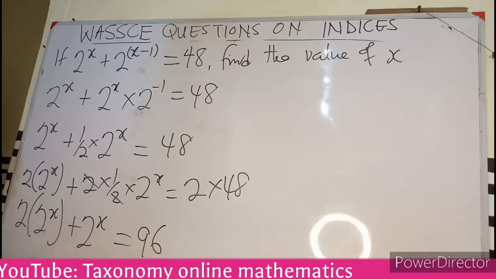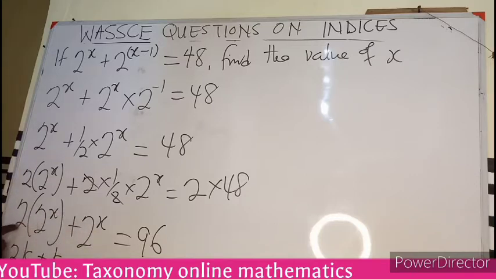So now I can take the 2 exponent x to be a variable. Let's say k. It means I'll be having 2k plus what? k. I believe you have gotten the concept. Since they are 2 exponent x, this is addition but not multiplication, so the laws of indices cannot work. I'm just taking 2 exponent x as a variable.